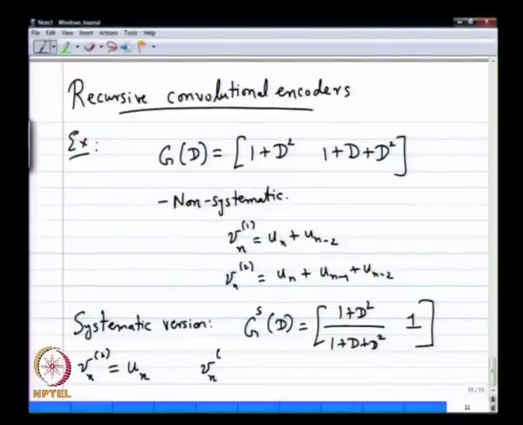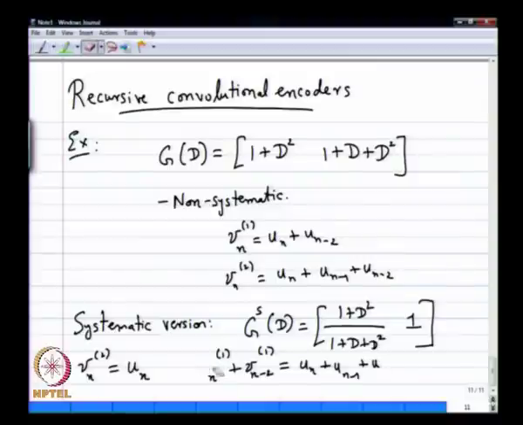It is going to be Vn plus Vn minus 2 equal to Un plus Un minus 1 plus, did I get that right? Or the other way around? Other way around, okay, so I knew that was wrong.